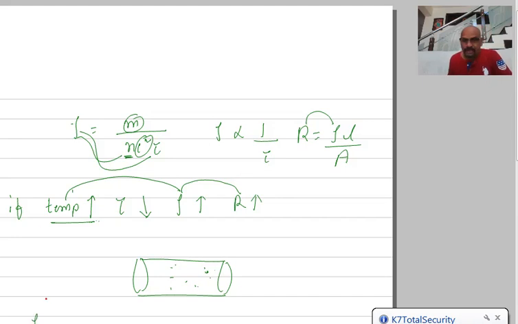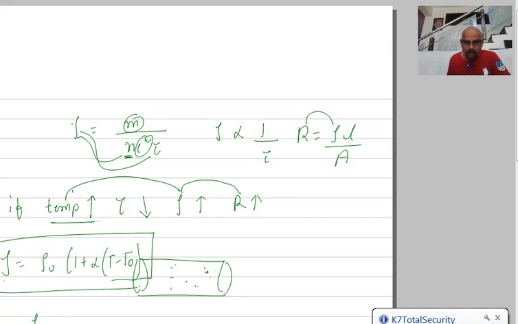So rho at any temperature is equal to rho naught into 1 plus alpha into T minus T naught. This is the equation. Where rho is the resistivity when the temperature is T. Rho naught is the resistivity when the temperature is T naught.